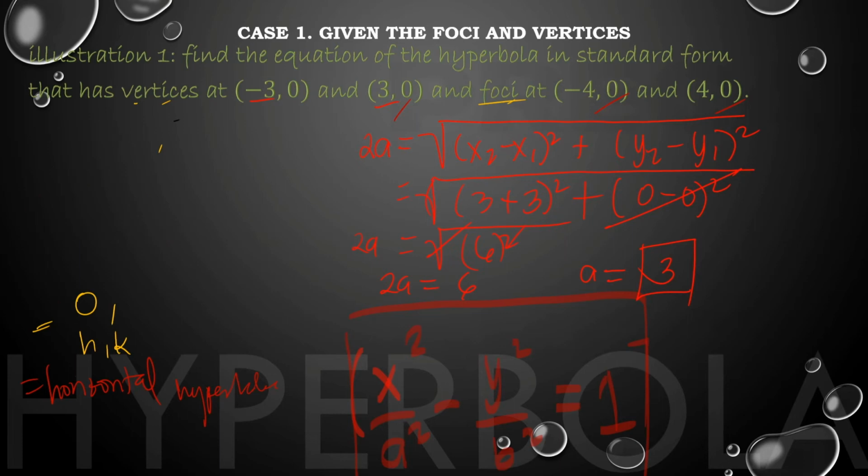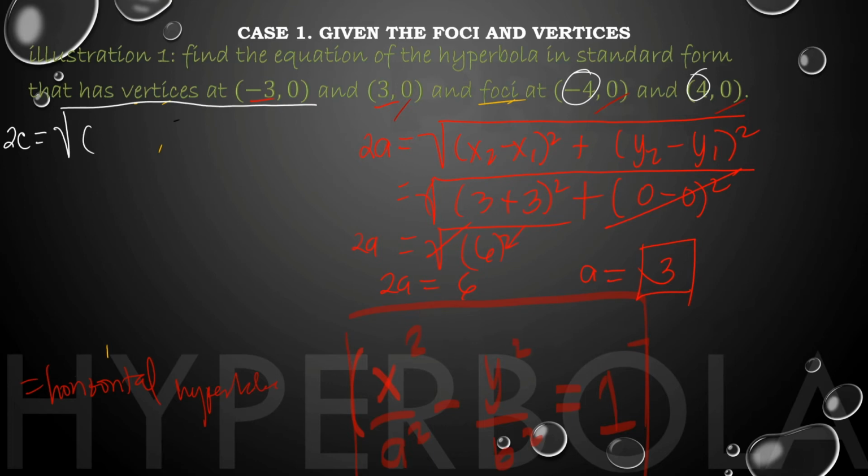And then, next natin hahanapin is yung c, to find the value of b. So, given yung formula, yung coordinates ng foci, so, hanapin natin yung 2c. So, 2c is equal to yung distance formula, x sub 2. So, ito na lang yung x sub 1 natin, x sub 2.